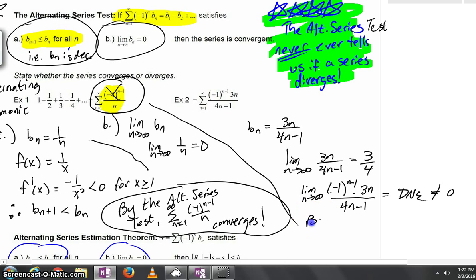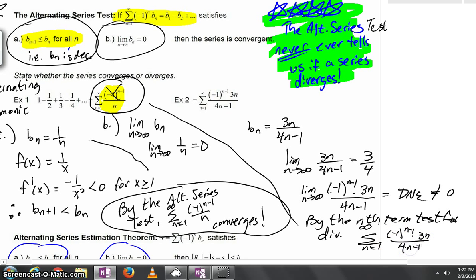By the nth term test for divergence, this original series diverges. So notice I'm not saying by the alternating series test. It's the nth term test that you would use to justify why a series diverges.